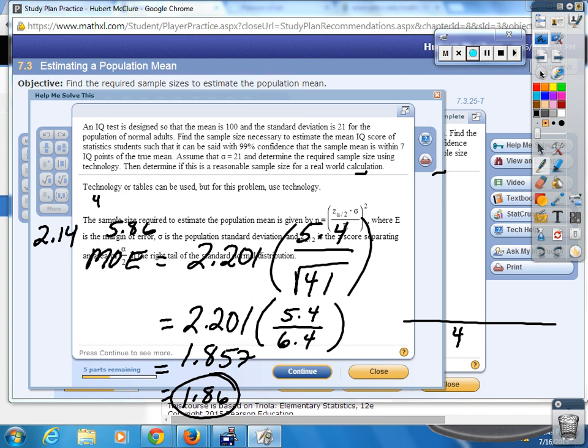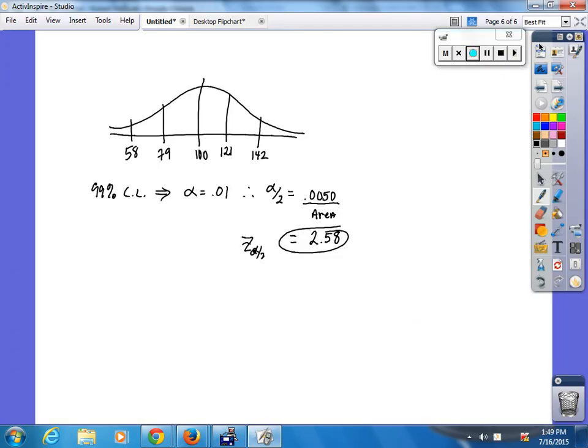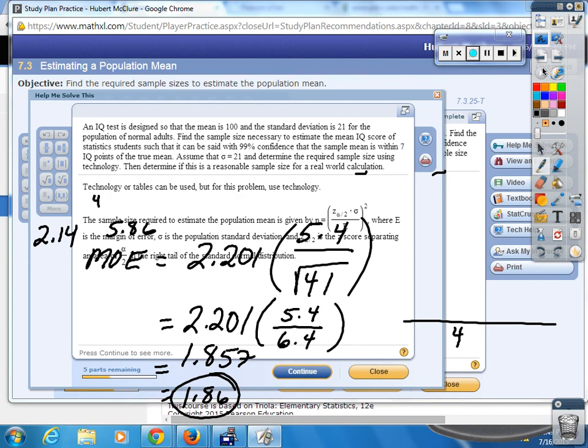Within 7 what? What's that within? That's 7. So the margin of error is what? Good job. Assume that standard deviation 21, we already did that.